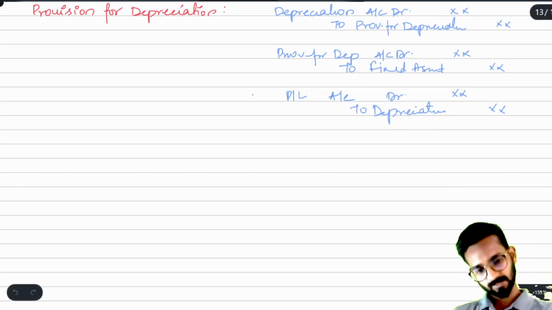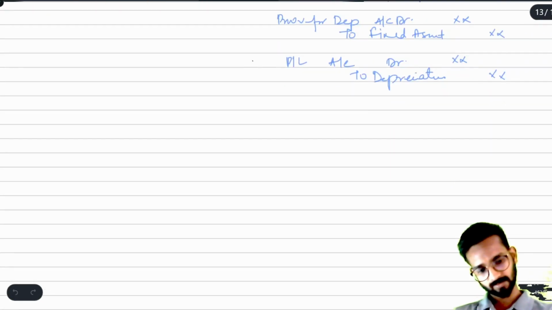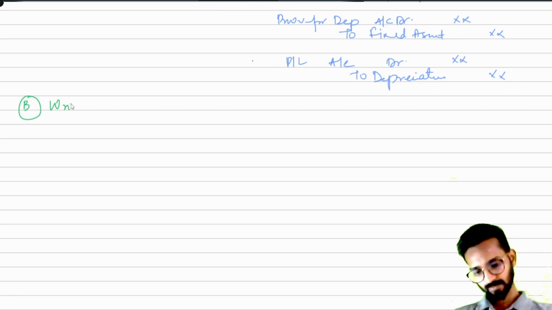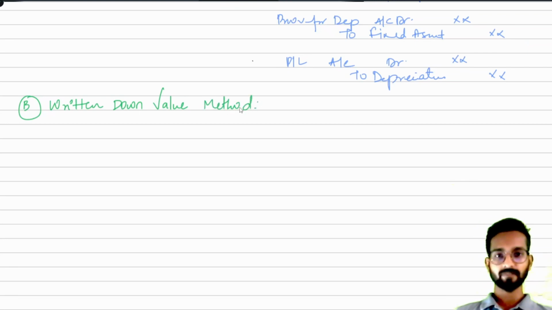The concept is, what have we written here? A, straight line method. B, written down value method. Written down value method also called as diminishing value method, also called as reducing balance method.